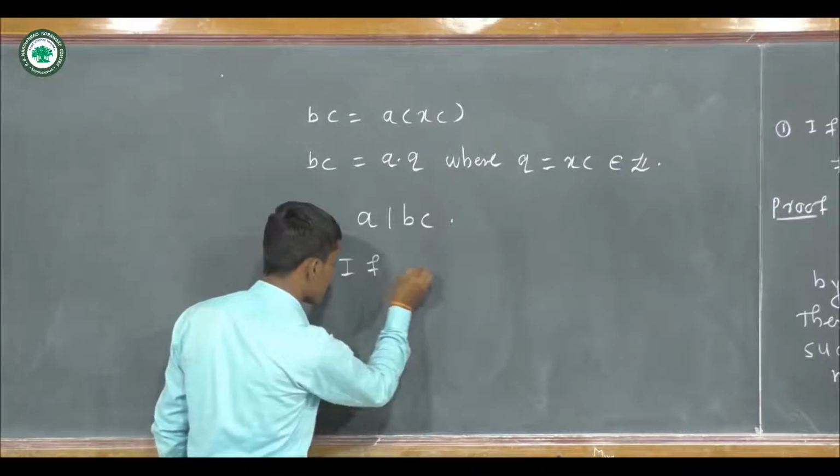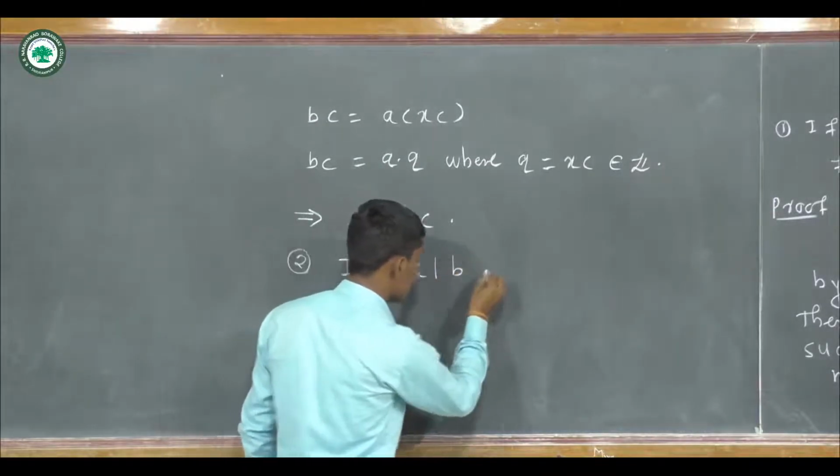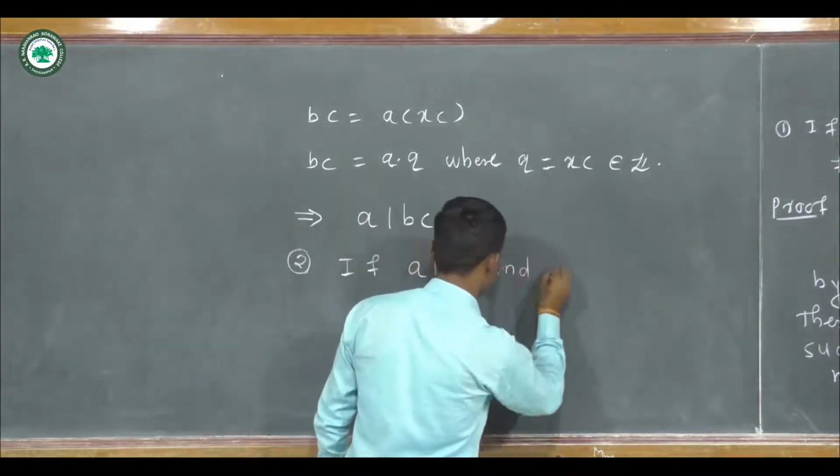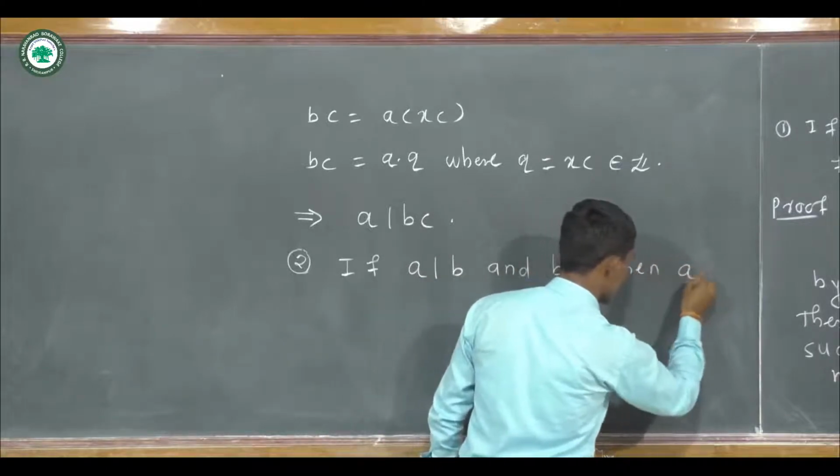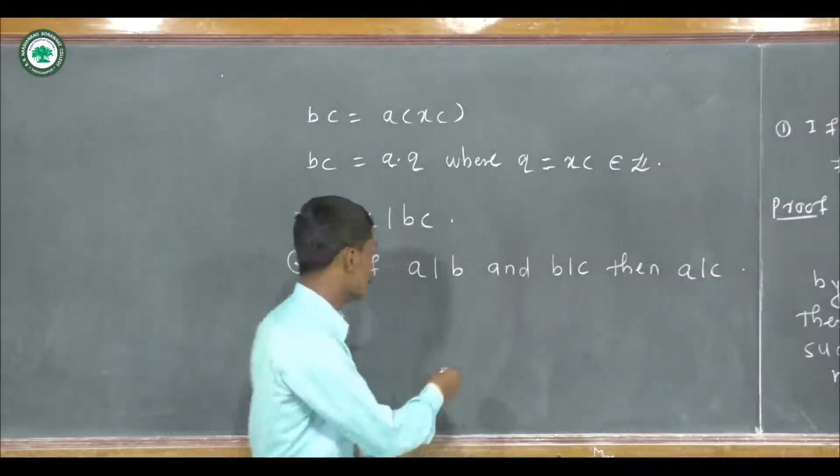Now second property: if a divides b and b divides c, then a divides c. Now proof.